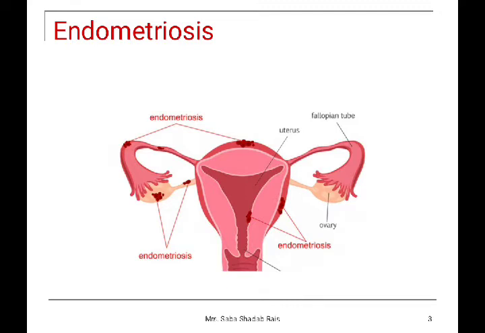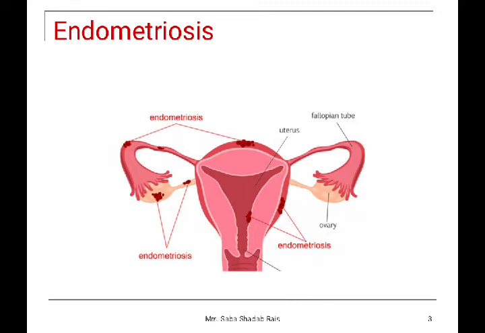This is happening by the proliferation of the endometrial cells. So here, what should happen? The endometrium should get thickened at this particular site. But instead, in the case of endometriosis, this endometrium is forming in various parts. Like you can see here, here also, here also. So it is in so many places.